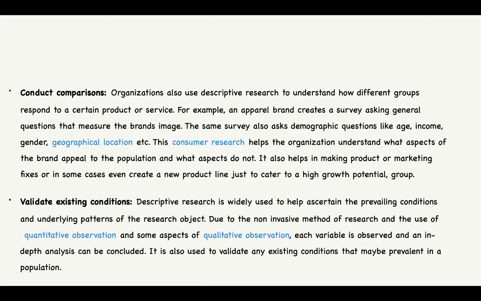It's also used to validate existing conditions that may be prevalent in a population. So this is for validating existing conditions. What are the conditions available? We can know the realities with descriptive research.